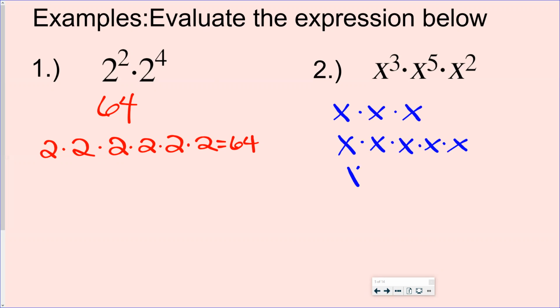On the last one, I have 2 x's. When I am simplifying these laws of exponents, all I need to do when I see they're multiplying is just add up the number of x's I have. Count how many I have: 1, 2, 3, 4, 5, 6, 7, 8, 9, 10. So that means my answer for that one is x to the 10th.